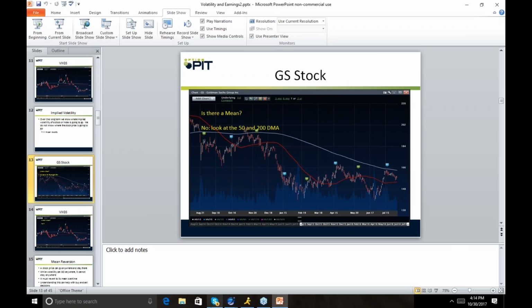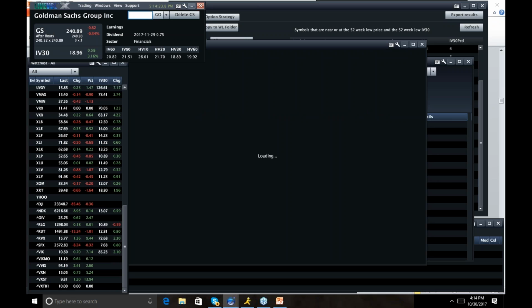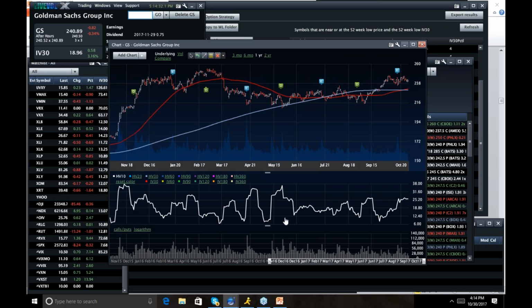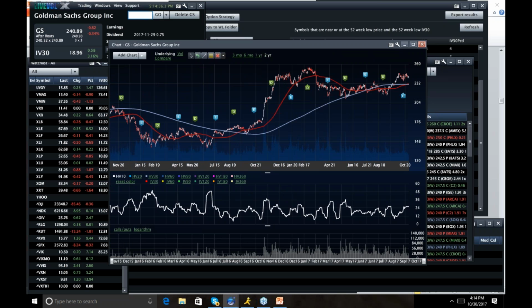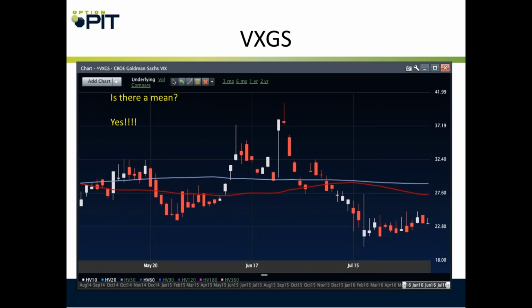If I pull up a chart of Goldman now, it doesn't really appear to make a lot of sense. Certainly isn't mean reversion like we have in VXGS.